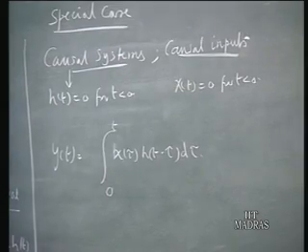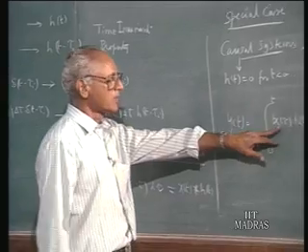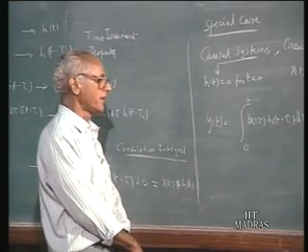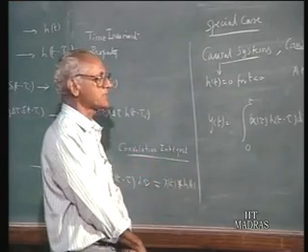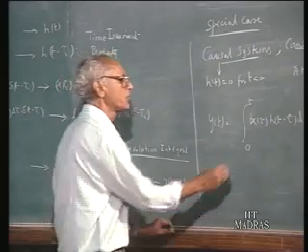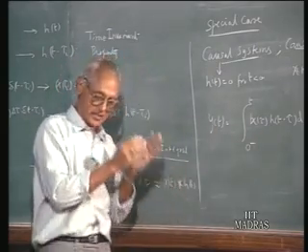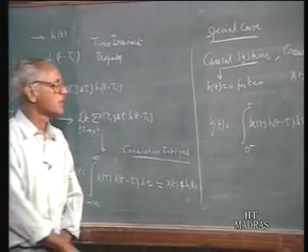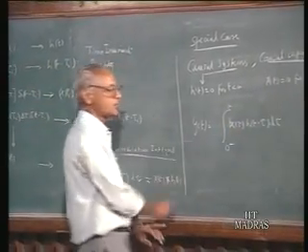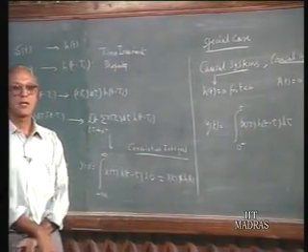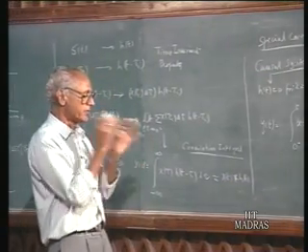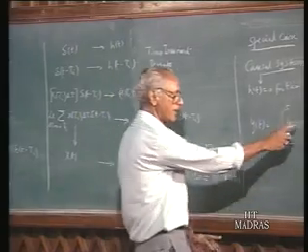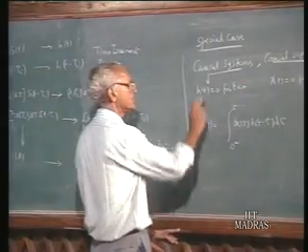In particular, x of t, for example, may have an impulse at the origin, so we must take the effect of the impulse into account. Therefore it would be advisable for us to start the integration from 0 minus, so that the impulse is fully taken into account in our calculation. Similarly, the impulse response may have an impulse at the origin. It may be possible that if you give an impulse, then there may be an impulse present in the response also. That means h of 0 may also have an impulse.